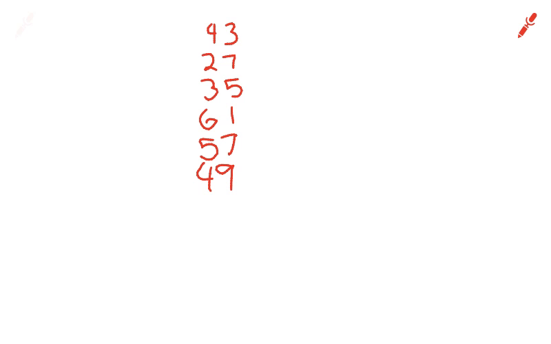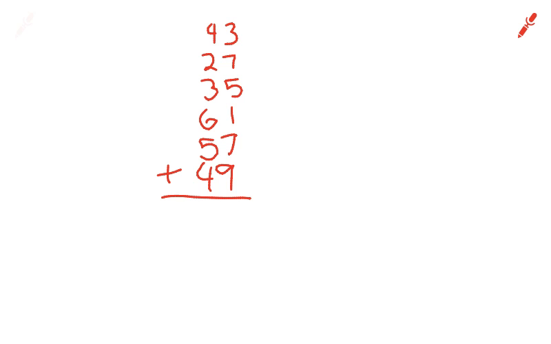Now we've got to average this next one. It's not dollar amounts, but it's a bunch of numbers: 43, 27, 35, 61, 57, 49. We've got to add up all of those numbers.